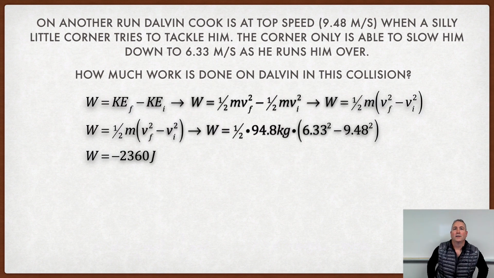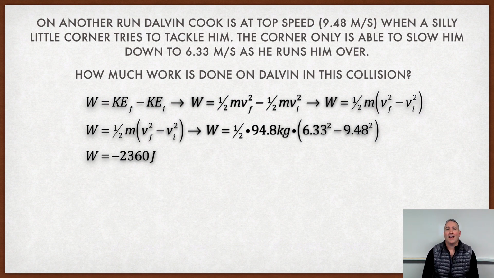All right. So here's what we got. Final kinetic energy minus initial kinetic energy is equal to work. So we can do 1/2 mv final squared minus 1/2 mv initial squared. And as you can see, we factor out the 1/2 m because that doesn't change. From the previous problem, we had a mass of Dalvin Cook of 94.8 kilograms.